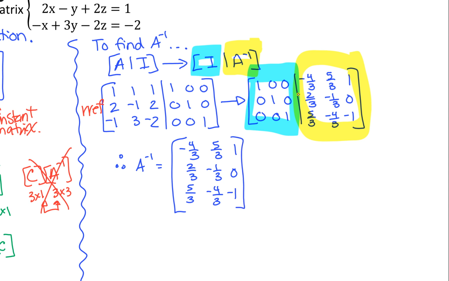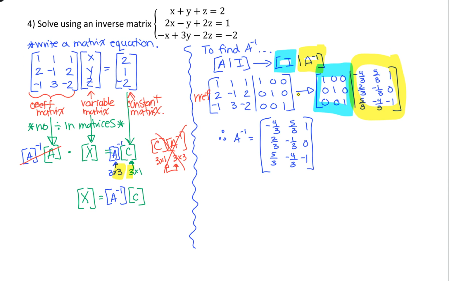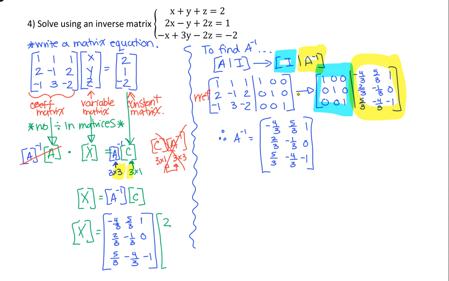Back to the problem. So now I need to take this inverse and I need to multiply it by C. So x is going to equal this inverse, negative 4/3, 5/3, 1, 2/3, negative 1/3, 0, 5/3, negative 4/3, negative 1, multiplied by matrix C, which I have above is 2, 1, negative 2.